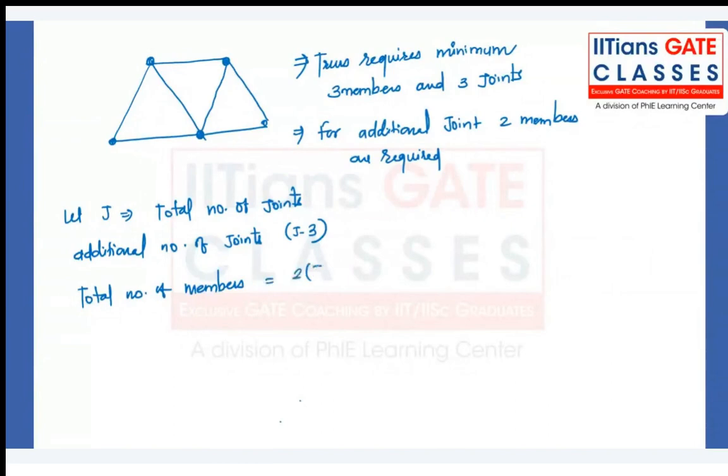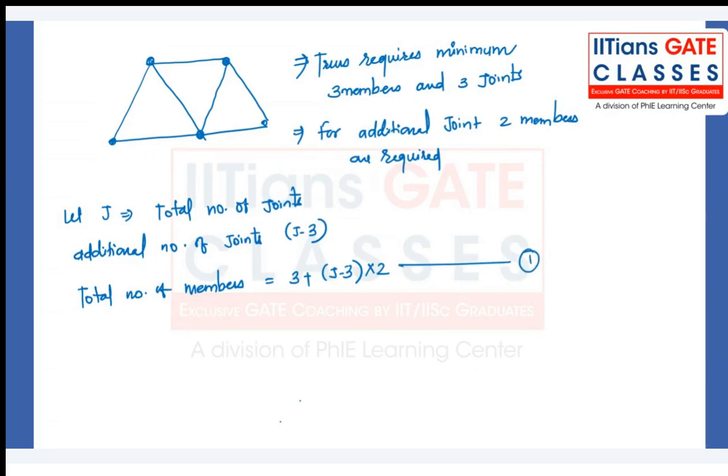Start with 3, because we need at least 3 members to make a single truss, plus whatever number of additional joints there are, multiplied by 2, gives the members. This is how we calculate the total number of members. Is it clear, this equation number 1? Feel free to ask if you have any doubt.